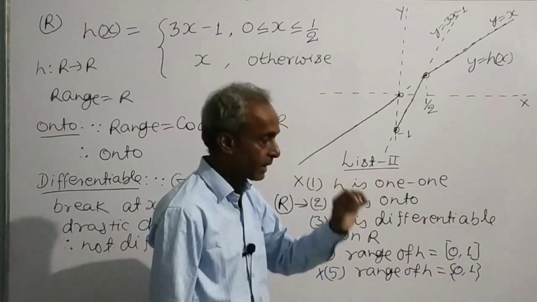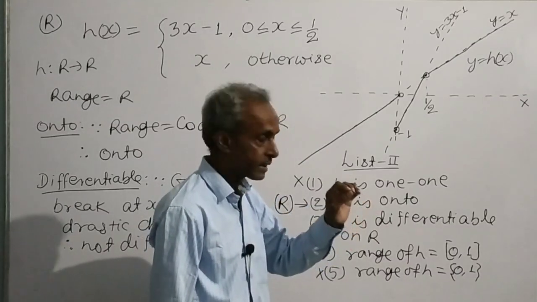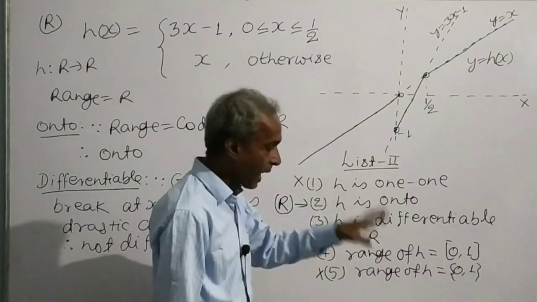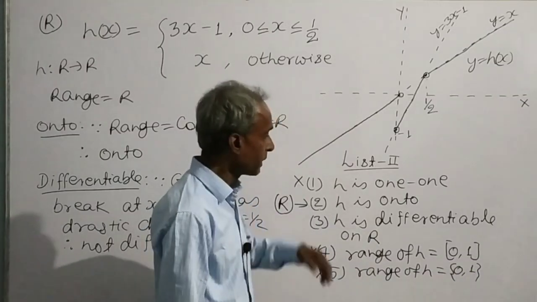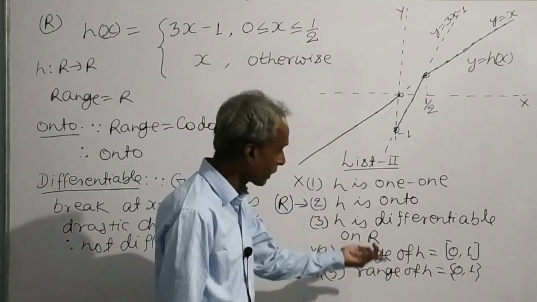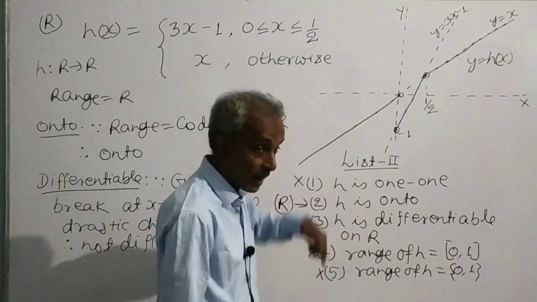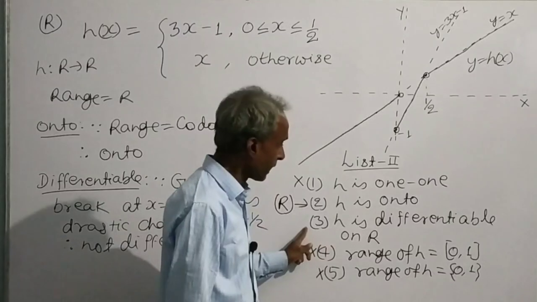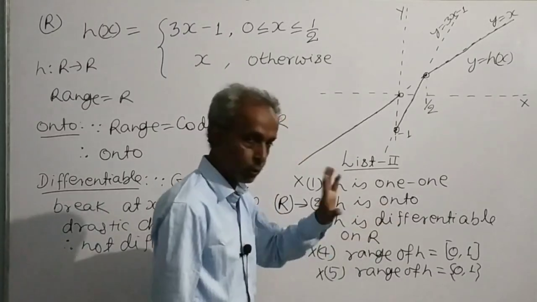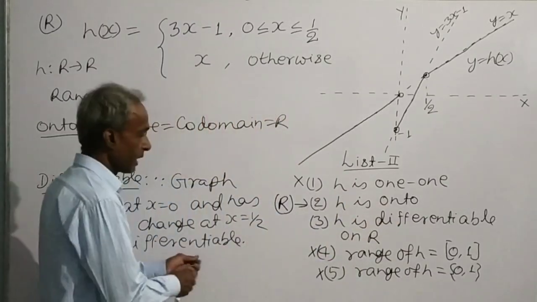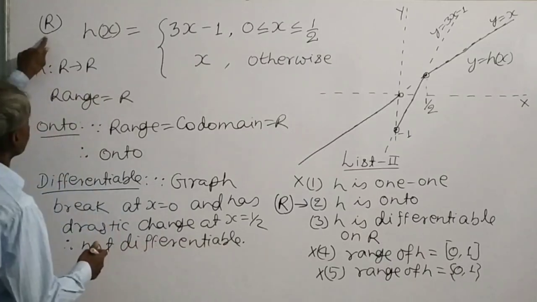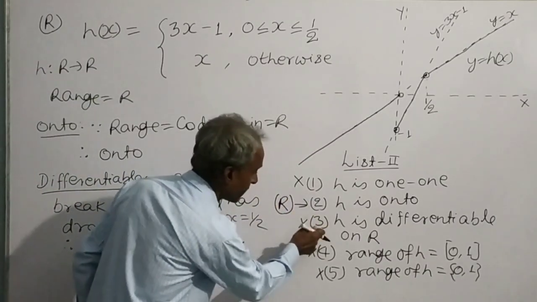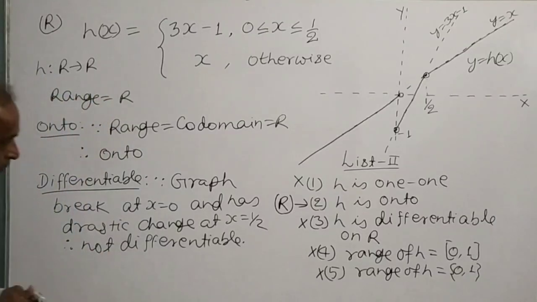When a function is not differentiable at any point in R, then we say that it is not differentiable at each point in R. Therefore, h is not differentiable on R. Therefore, this entry R cannot be matched with this 3 number entry.